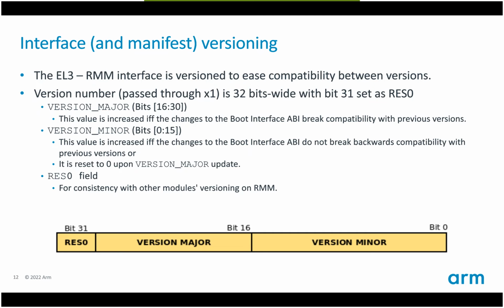But this versioning is for the interface between EL3 and RMM, which is not supposed to have any change regardless of the OEM or anything like that. So an OEM will add platform changes, and then this will be versioned somewhere else. So this is kind of my issue. We say platform, but we really mean silicon, right? So RMM is tied to silicon. It's not tied to platform. It's going to be silicon specific, not platform specific.